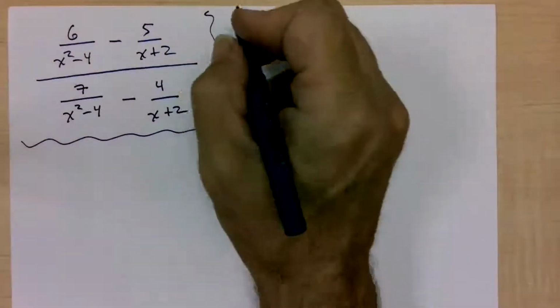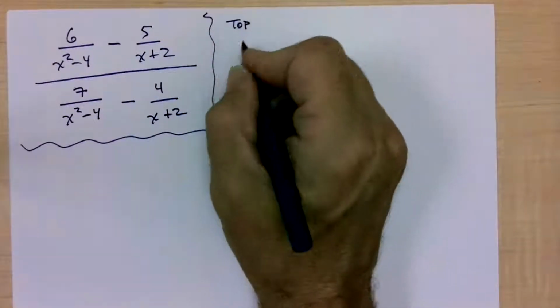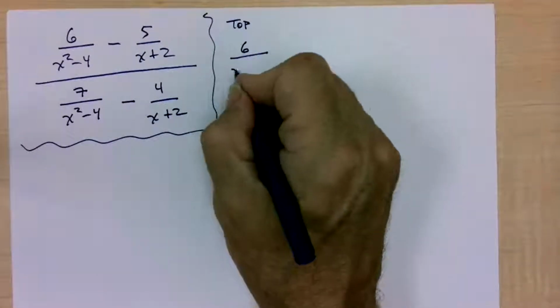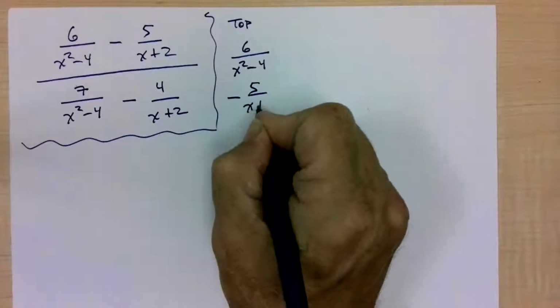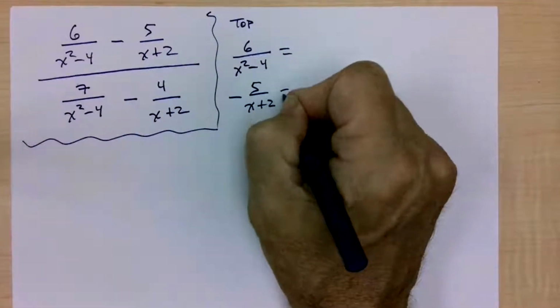Doing the top first. 6 over x squared minus 4 minus 5 over x plus 2.